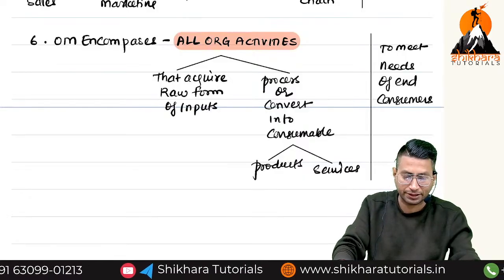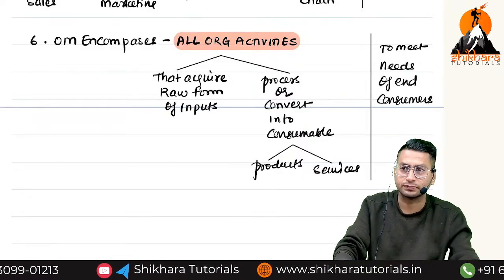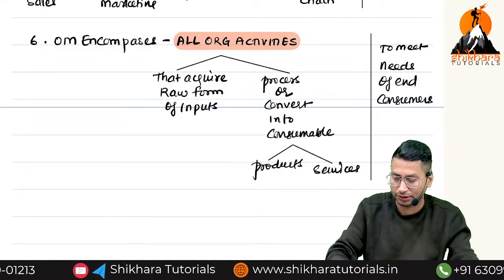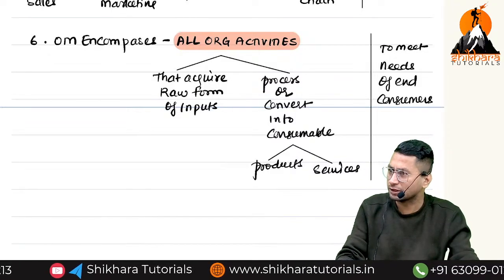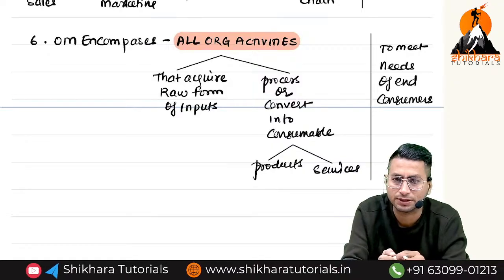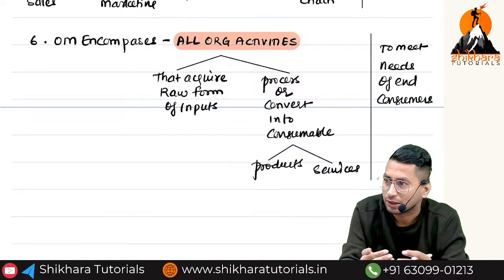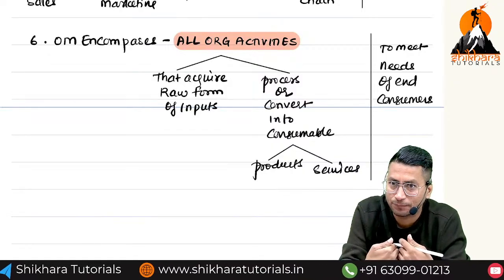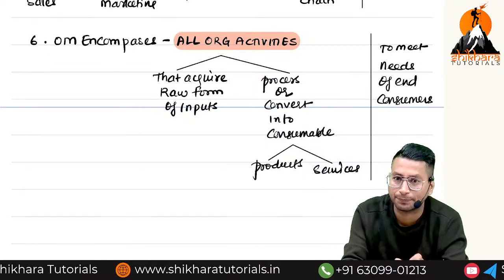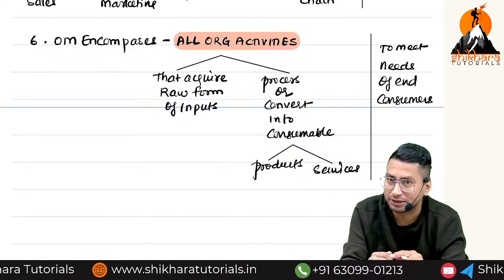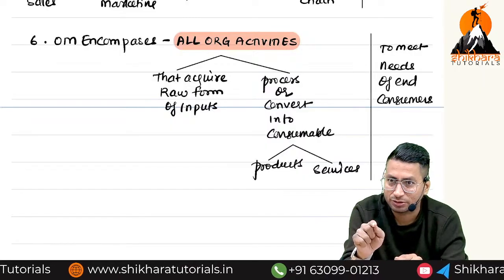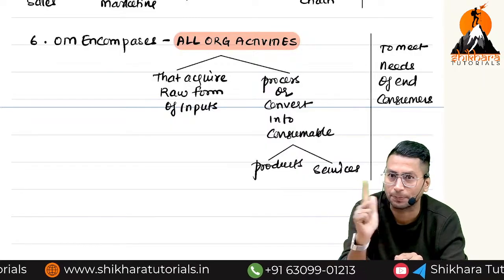Now, are consumer and customer the same or different? Different. What is the difference between customer and consumer? A person who buys is called a customer. A person who actually uses the product is called a consumer. You are attending the classes. Who is paying fees? Your parents.